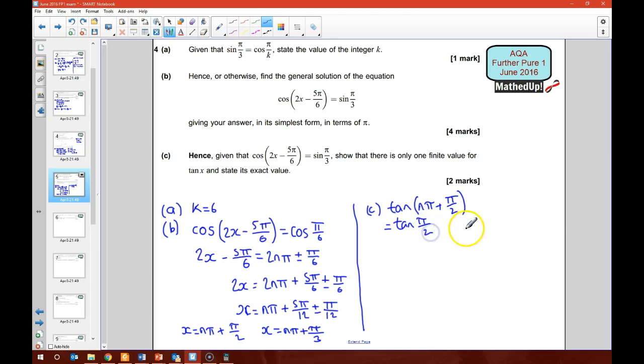That's just going to be the tan of pi over 2. And the tan of pi over 2 is actually undefined because there's an asymptote of pi over 2. So we can say for this particular result, we can say it's not finite.